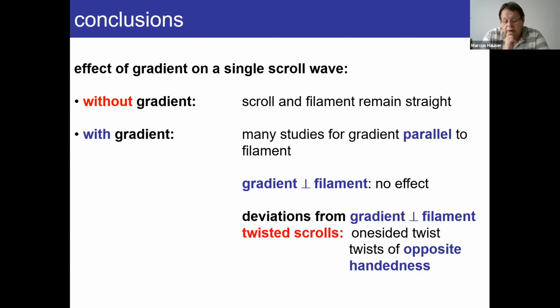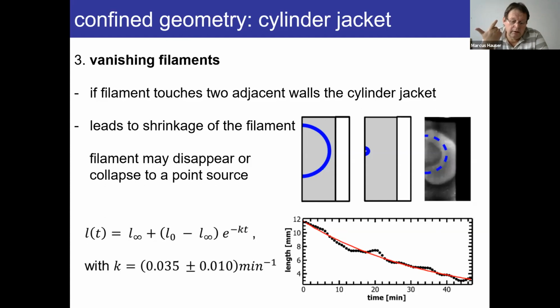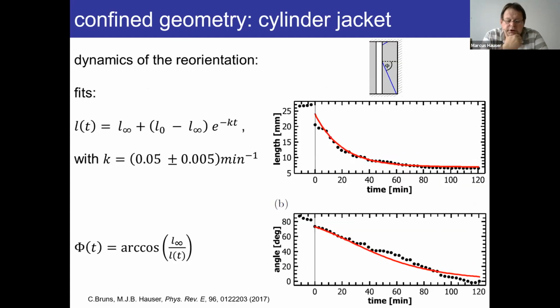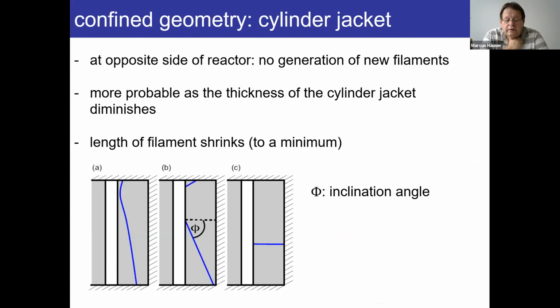Okay, just to sum up, what I wanted to convey to you is that we have an important issue here: we can reorient our filament. This has some implications: if the tissue is really very narrow, or the reactor is really very narrow, we can have a reorientation of the filament.